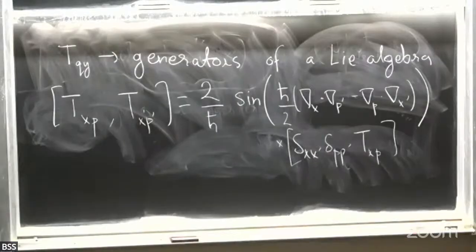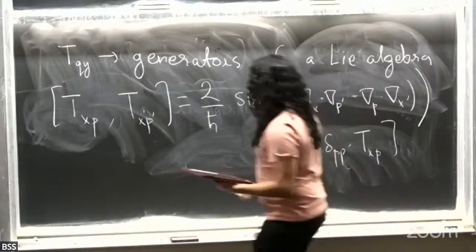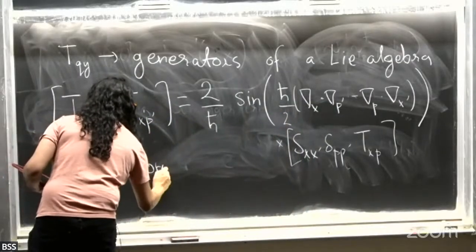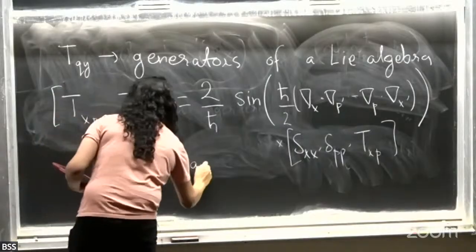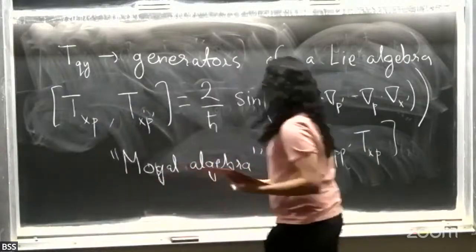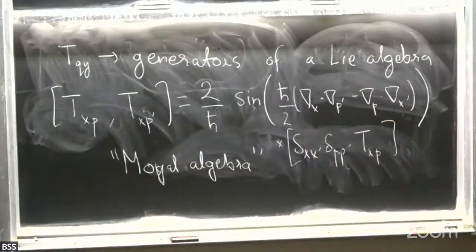Okay. So in general, this is called the Moyal algebra. If you want to look more into this algebra in particular, I would recommend looking into the history of the old days when people were trying to figure out what exactly quantizing a theory means from a mathematical point of view.